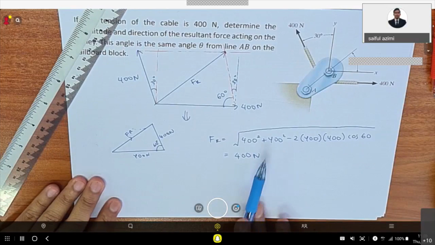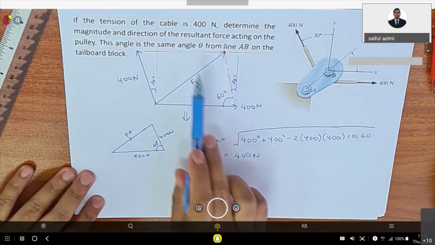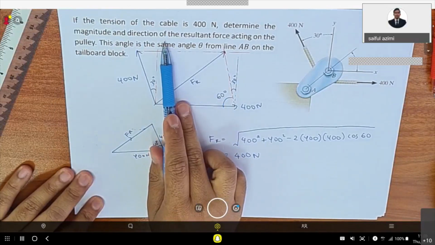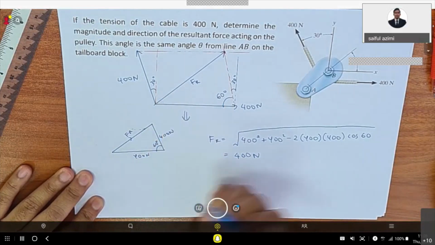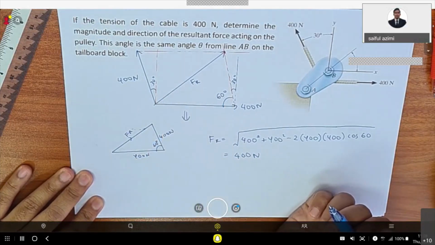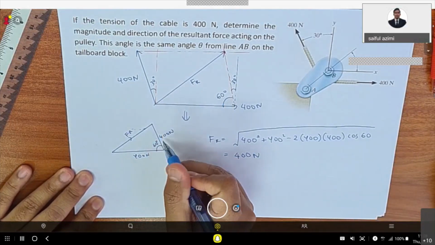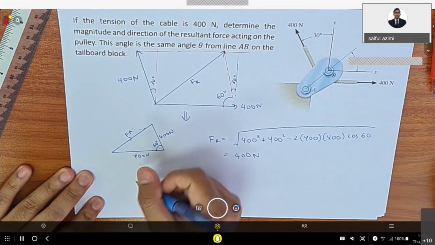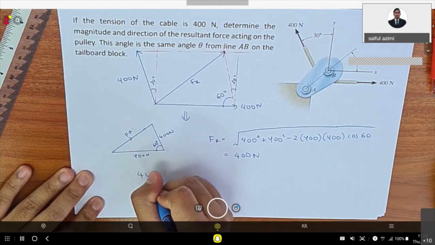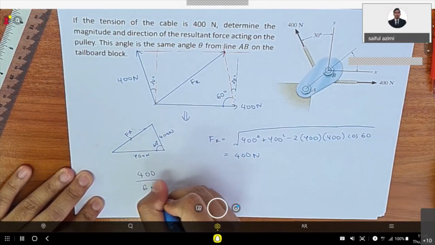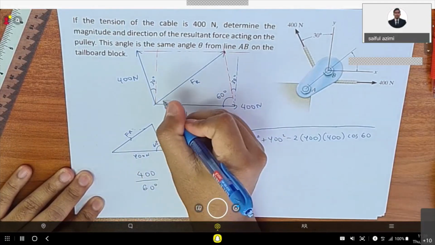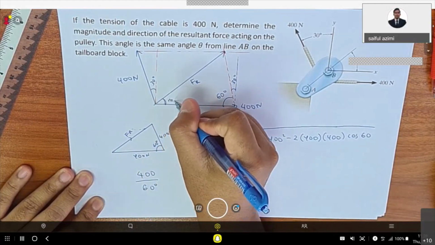As usual, if you want to find the direction of the resultant force, you can just find it by using the sine rule. So you already have 400 over 60. Sorry, this is your direction.